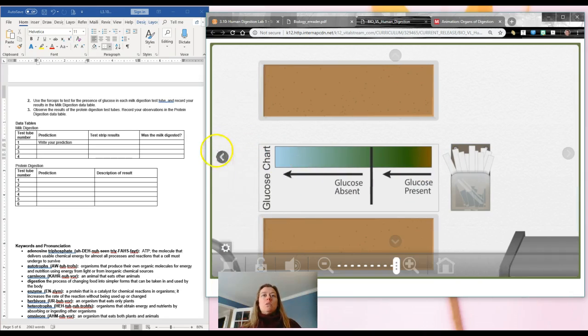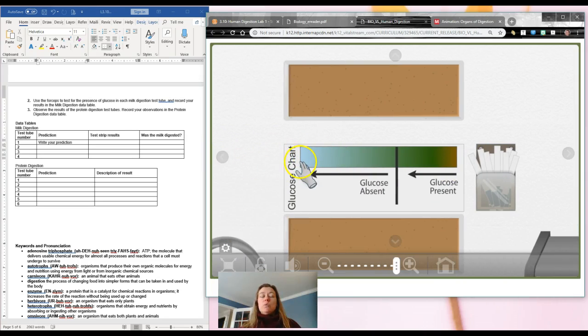If you didn't, you would see that it stays a light colored blue here. If it's somewhere in the middle, then some degree of digestion happened. Okay, so no digestion, and it would be light blue. Some digestion, or yes, it digested everything, and now there's glucose present, and you definitely see yellow.